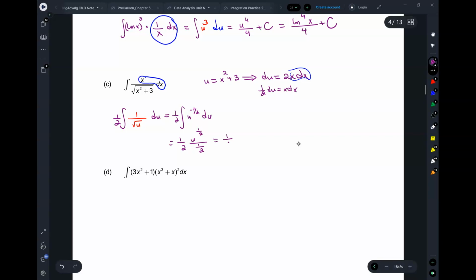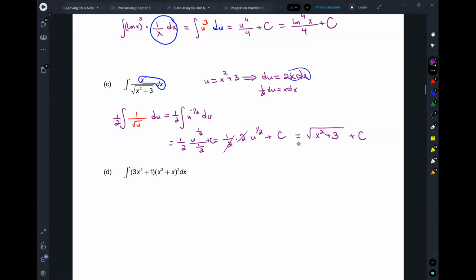So this is 1/2 times 2 times u to the 1/2 plus c. So just u to the 1/2 plus c, which we can rewrite as the root of x squared plus 3 plus c. You can also rewrite it as x squared plus 3 to the 1/2. That works as well.